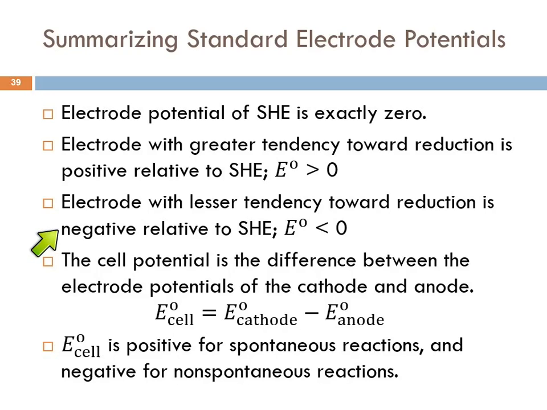It's negative relative to the standard hydrogen electrode. It's going to have a negative E0. And the cell potential is the difference between the cathode and the anode. This one at the bottom is probably the most important thing here. Standard cell potential is positive for spontaneous reactions and negative for non-spontaneous reactions.